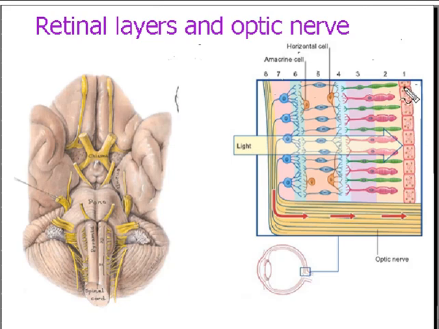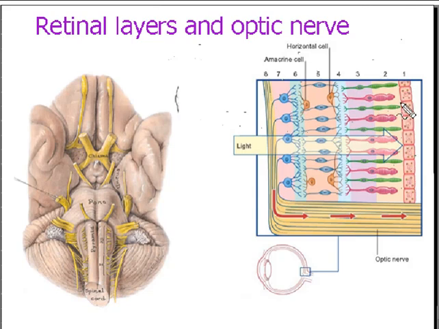It has a lot of melanin pigment, because when light strikes the retina, it passes through all these layers and hits this pigmented layer, and then gets reflected back and causes a reaction in all these cells. Now, excess light is absorbed by that pigment, and that helps to protect the retina.